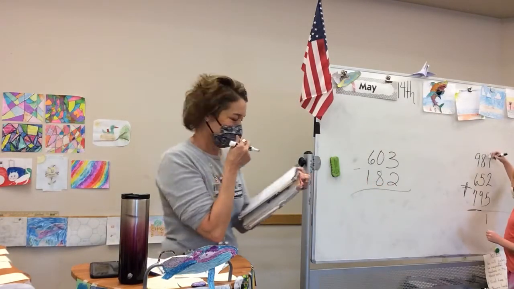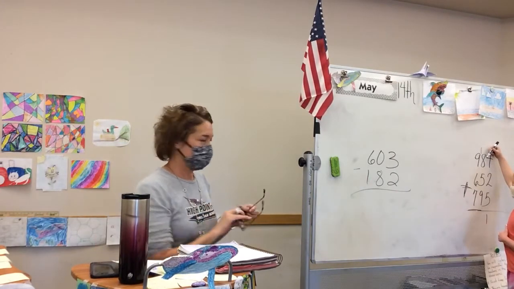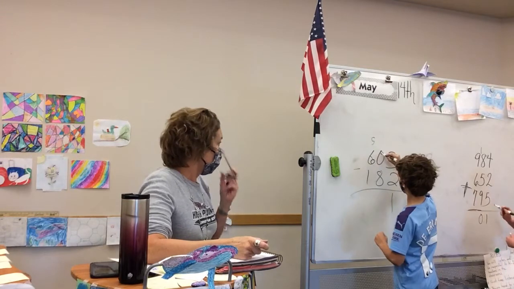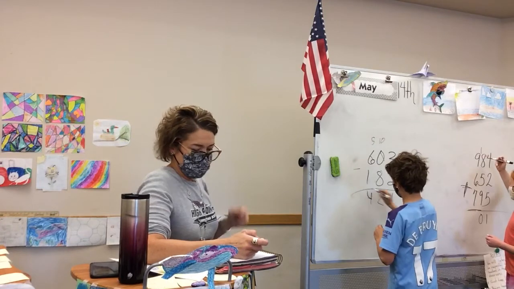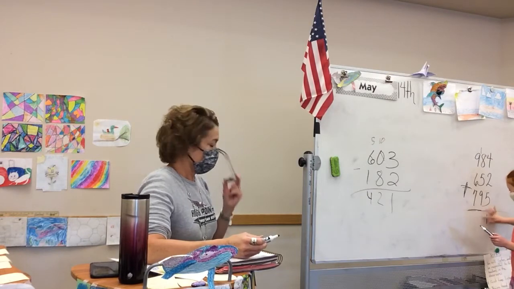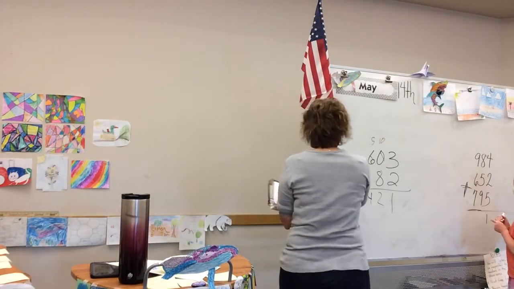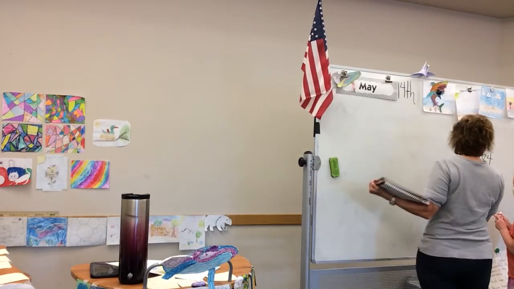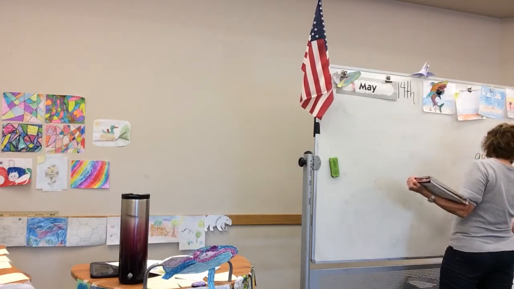Owen. Good. And what is your answer, Owen? 421. That is correct. Did you say this was 11, greater 1, so 8 plus 5.